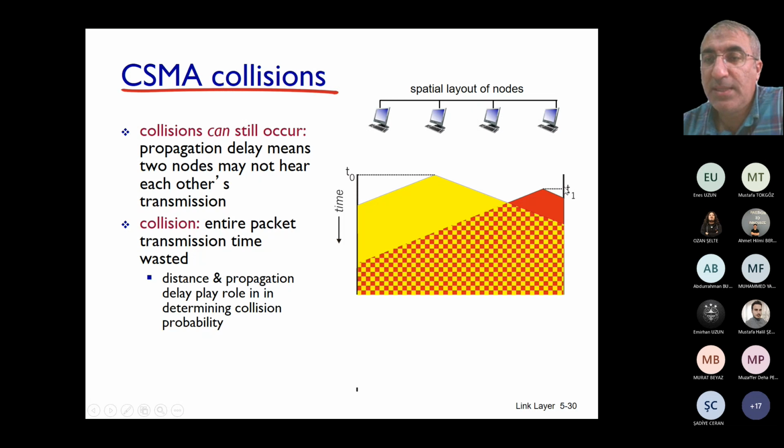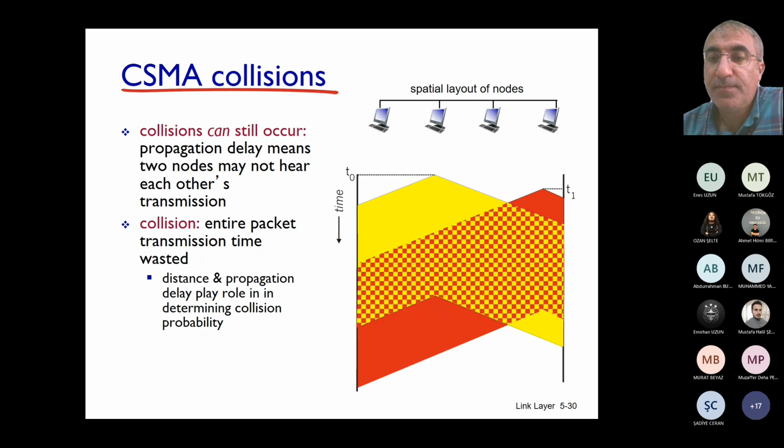And after some time, at T1, the 4th node is transmitting its packets. Because of the distance between the second and the 4th node, they don't hear each other until this point. Here, the 4th will hear the second one, and the second one will hear the 4th one at this time.